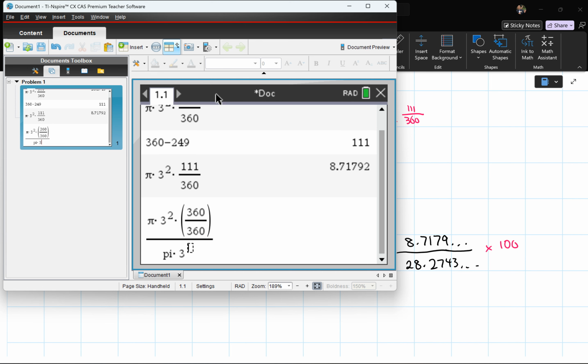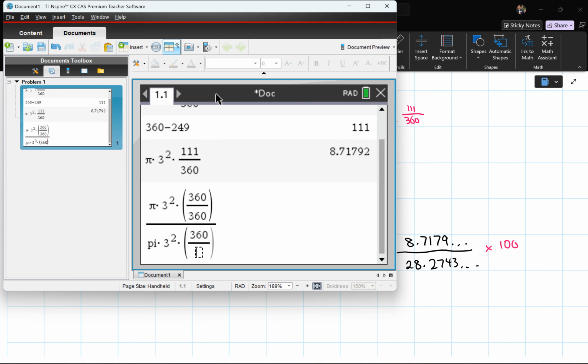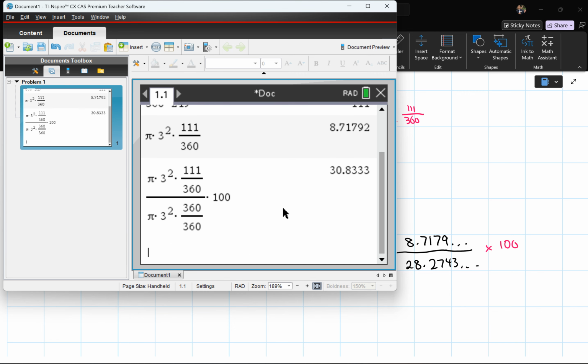Pi times 3 squared times 111 divided by 360 for the shaded region, over pi times 3 squared times 360 divided by 360. So on the top there, that's shaded divided by total area. And remember, you need to times this proportion by 100 to make it a percentage. So when I press Control Enter, that gives me 30.8%.